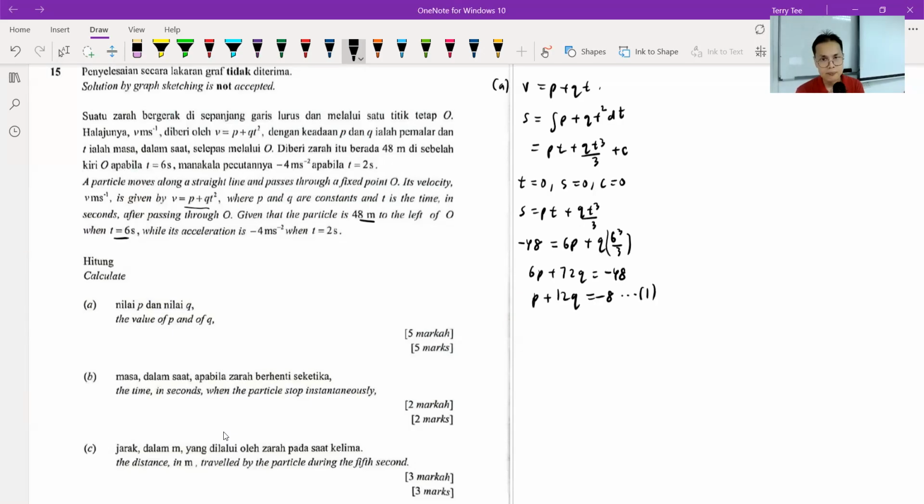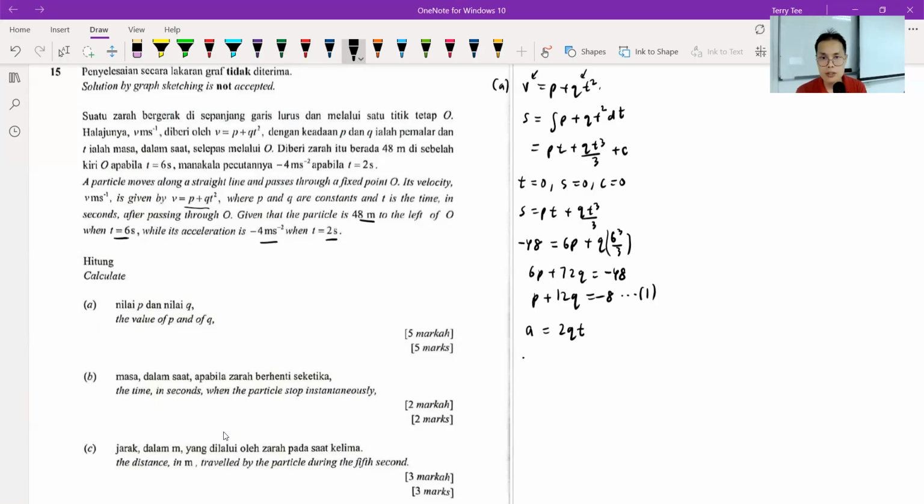Then they say that acceleration is negative 4 when t is 2. So let's differentiate. Differentiate p, you get 0. Differentiating velocity gives acceleration. Differentiate qt squared, you get 2qt.